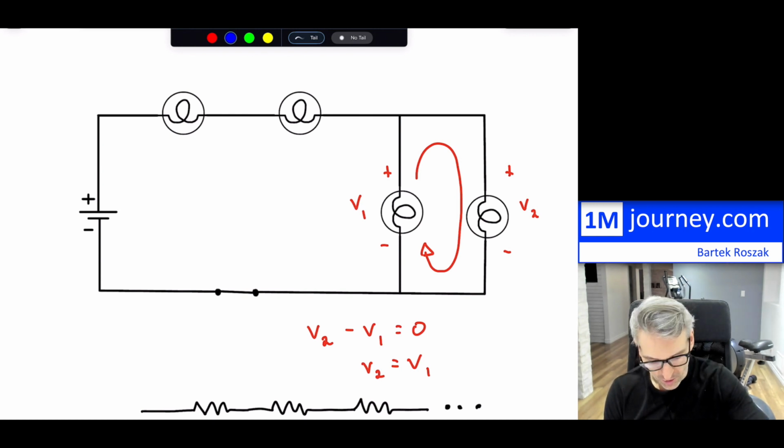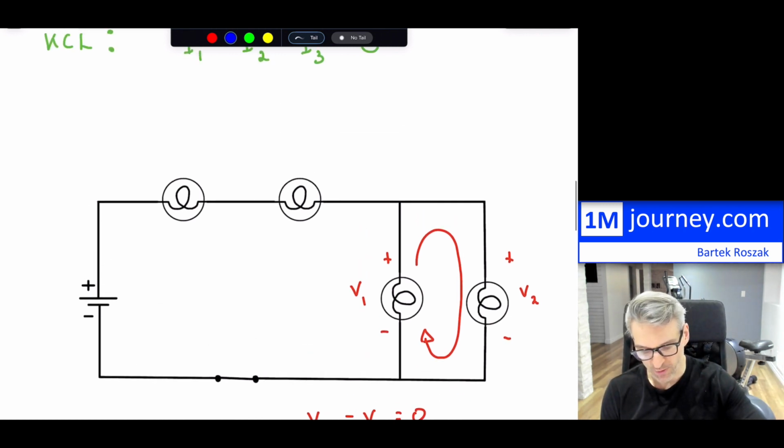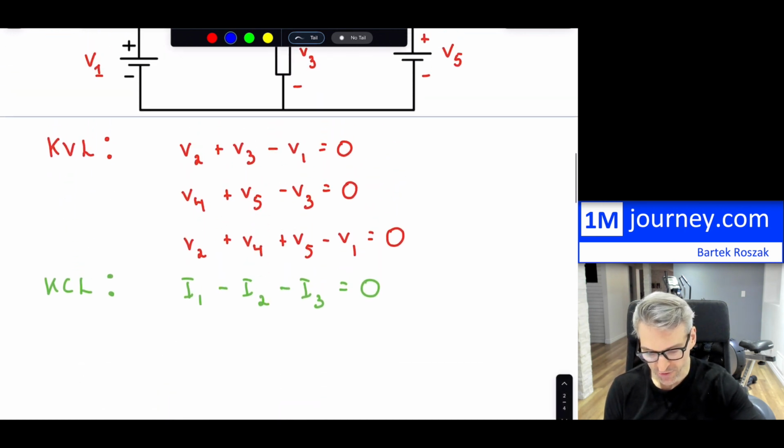These lamps or bulbs could actually be different, or they could be resistors of different sizes. One can be 1,000, one can be 1, and yet they still will have the same voltage drop if they're connected in parallel.